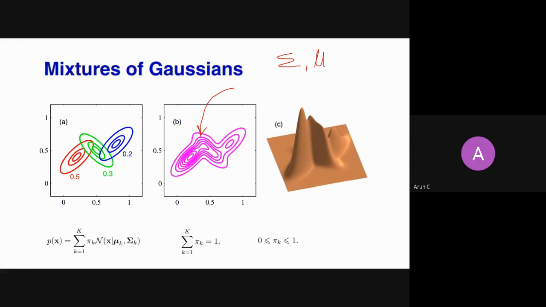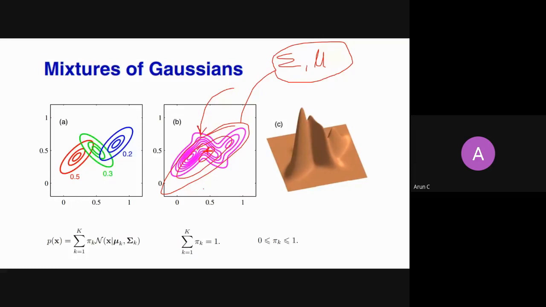So if the mean is somewhere here, the covariance matrix will come somewhere like this. If you are modeling it using a single Gaussian and you want to maximize the likelihood, you are finding two parameters, a covariance matrix and a mean, and then they will give you this kind of a Gaussian, right?